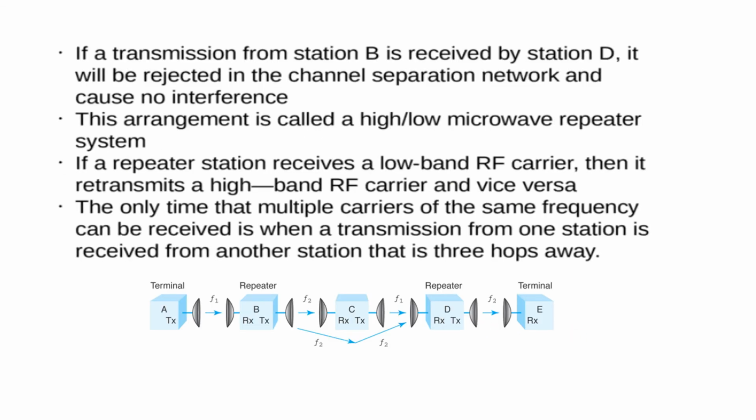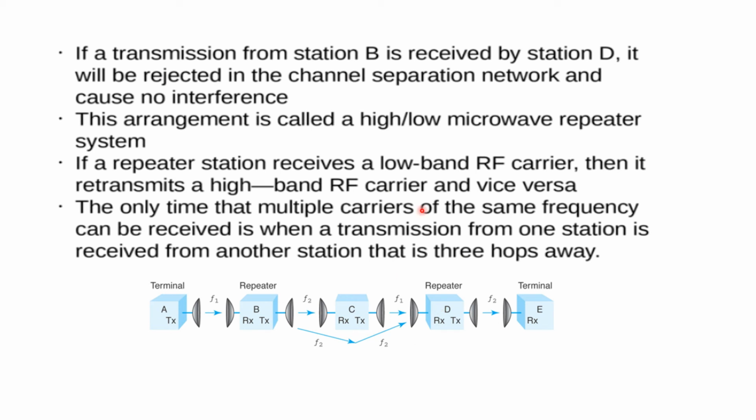So if you are considering the high-low microwave system, and reception is happening at station D, which is simultaneously getting signals from B and C, then what will happen? The transmission from station B, if it is received by D, will be rejected in the channel separation network and will cause no interference. Whereas if we are transmitting and receiving the same frequency, obviously interference will be the result.